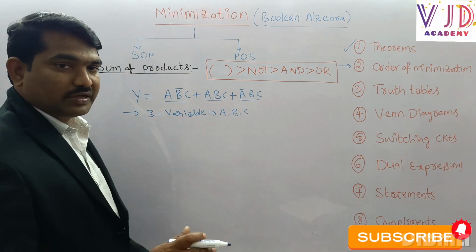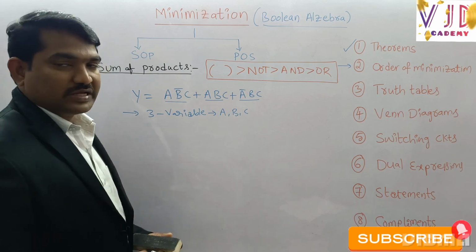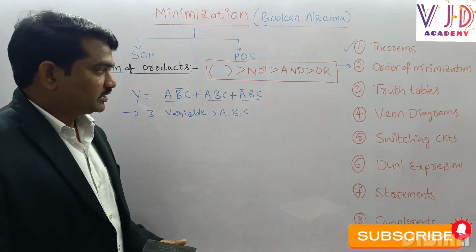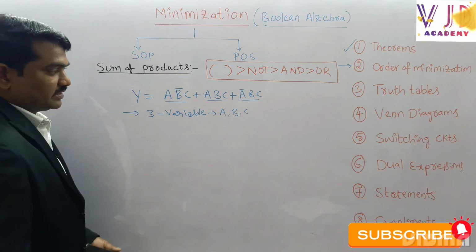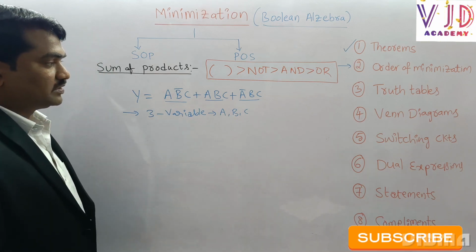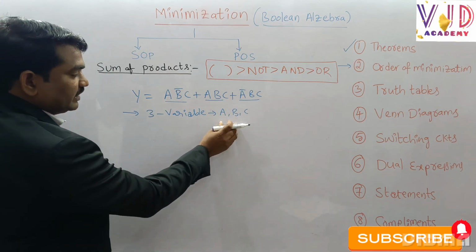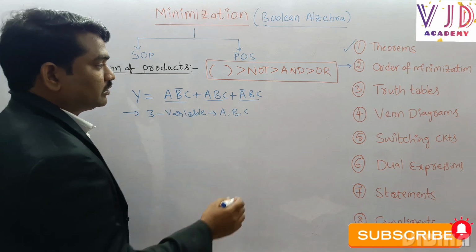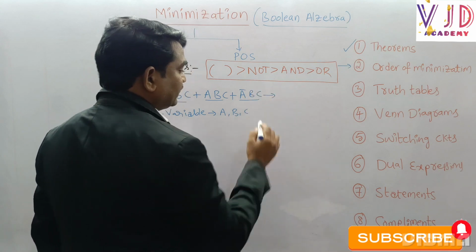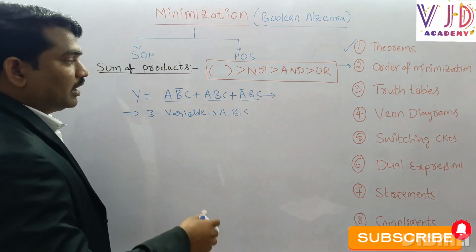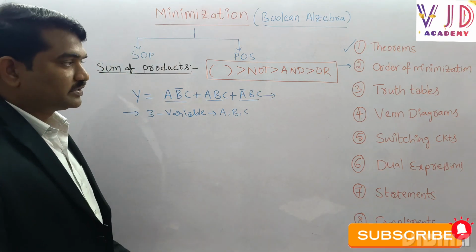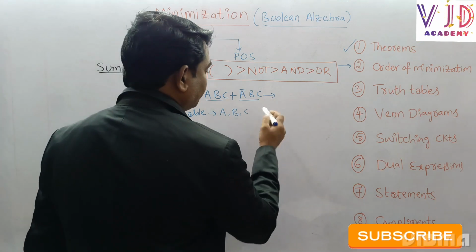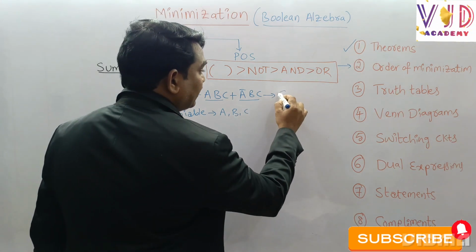A combination of different min terms we can call a logical expression. These three variables a, b, c are present in each and every individual min term. So the moment we find that the equation has all the variables in all min terms, we can say that that particular logical expression is in canonical form.